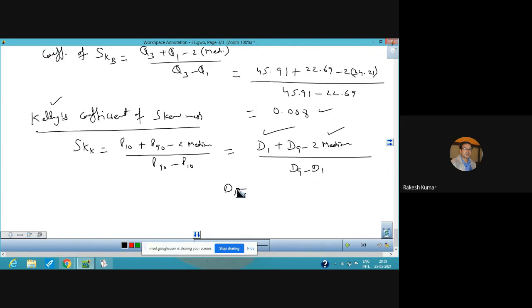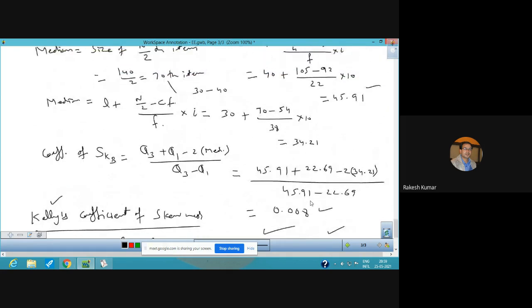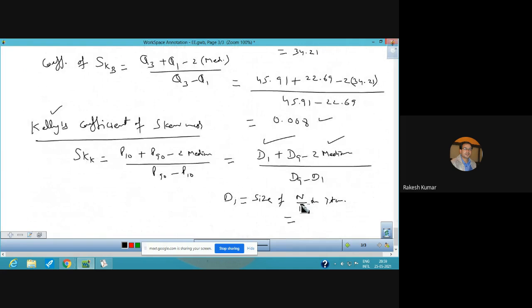The formula for D1 is the size of the n upon 10th item, and the value of n is 140. So this is 140 upon 10, that comes out to be 14.